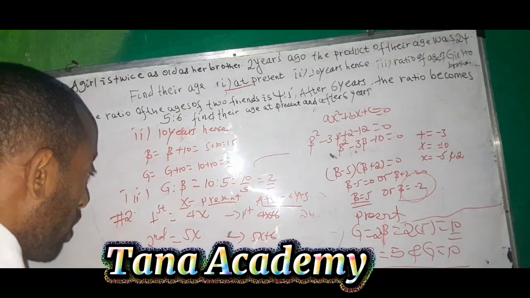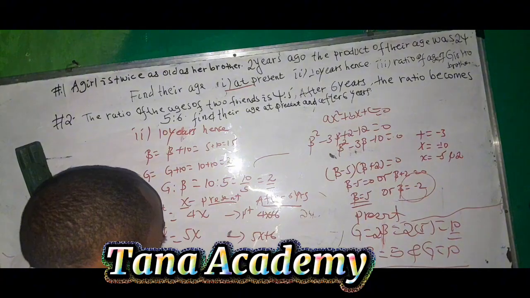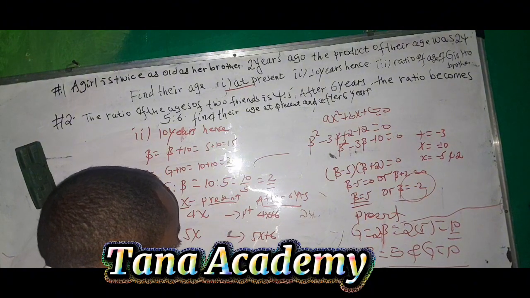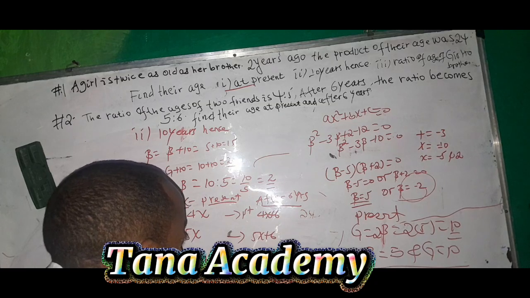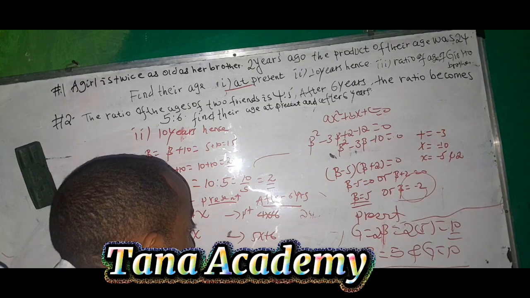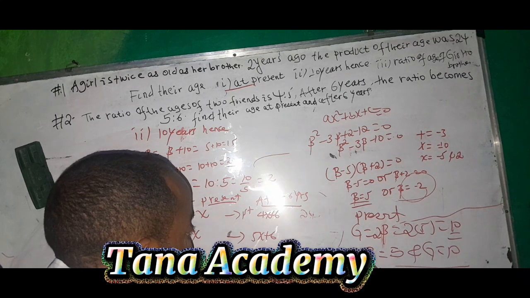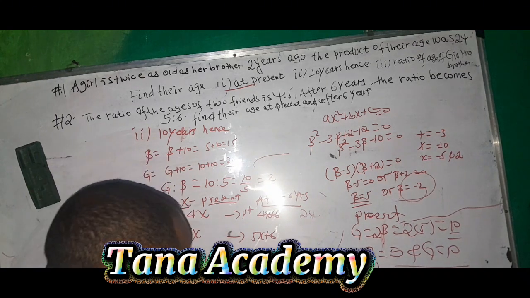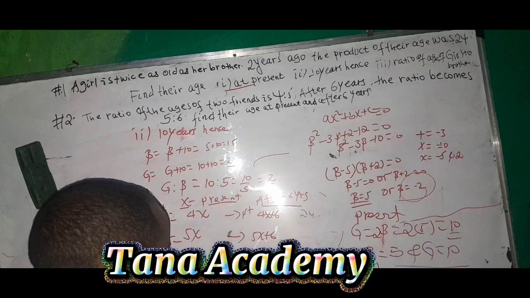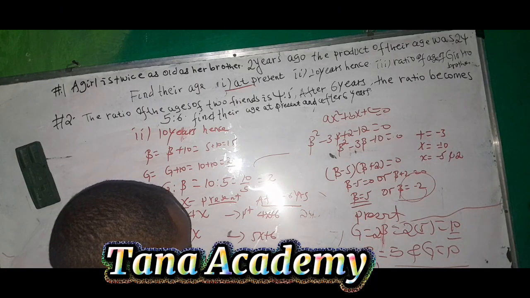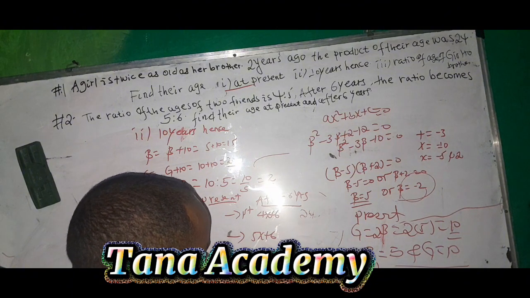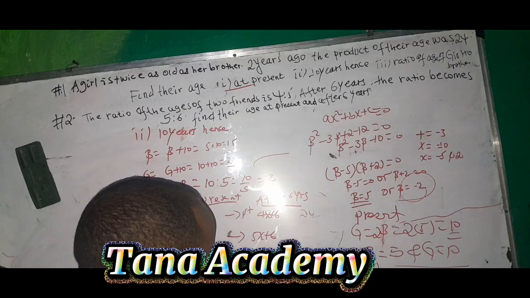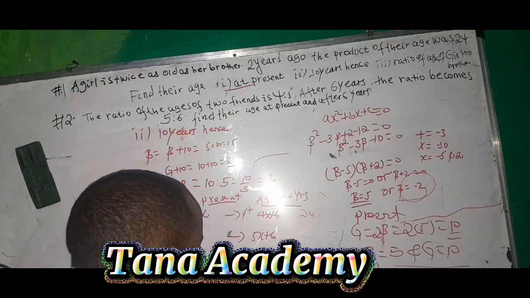Cross multiply. Therefore, 6 times (4x plus 6) is equal to 5 times (5x plus 6). So 6 times 4x becomes 24x, and 24x plus 36 is equal to 5 times 5x, which is 25x, plus 30.